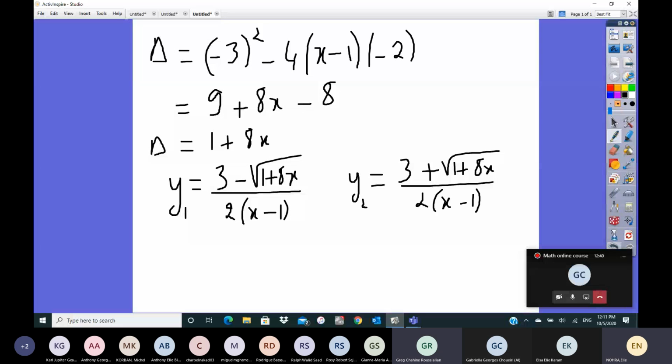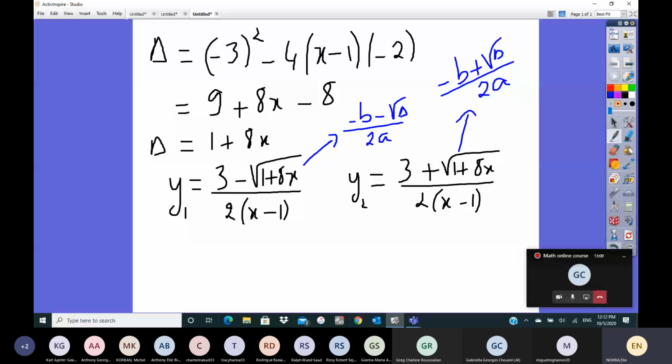So this one is minus b minus radical delta over 2a, and this one is minus b plus radical delta over 2a. My question for you guys is how to decide which of these is the inverse function.